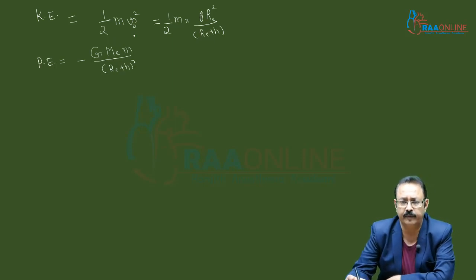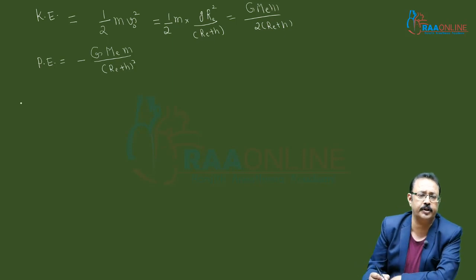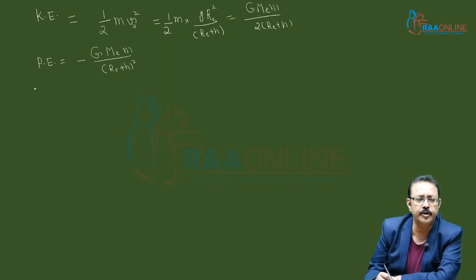So for this calculation, I am writing it again: minus m g RE square by 2 into RE plus h. It is kinetic energy, it is potential energy. So what should be the total energy? We are going to calculate the total energy of the satellite.